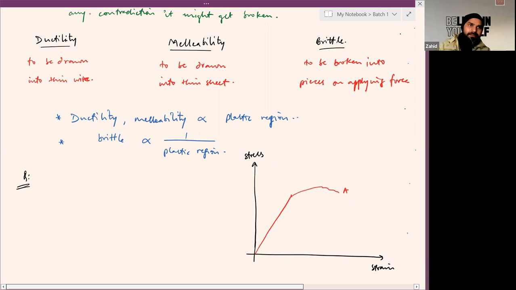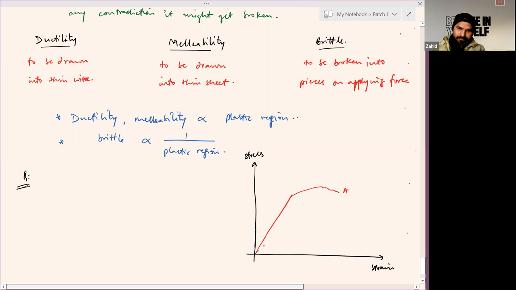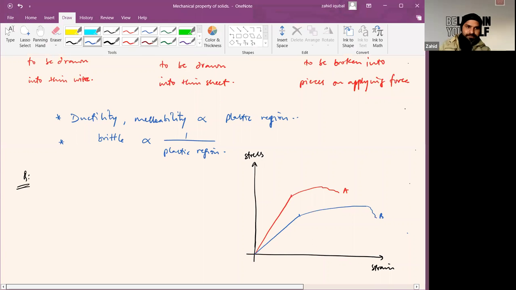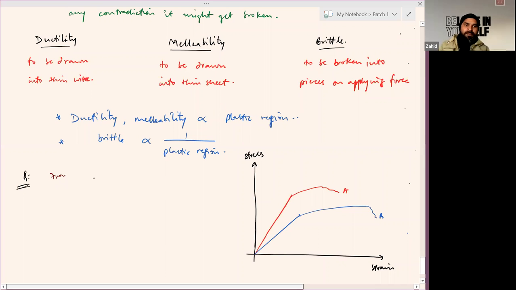Let's say the substance is A. The substance is B. So you'll be asked, from the graph, define which is more elastic in A and B, which is more ductile, and which is more brittle. Try to define.